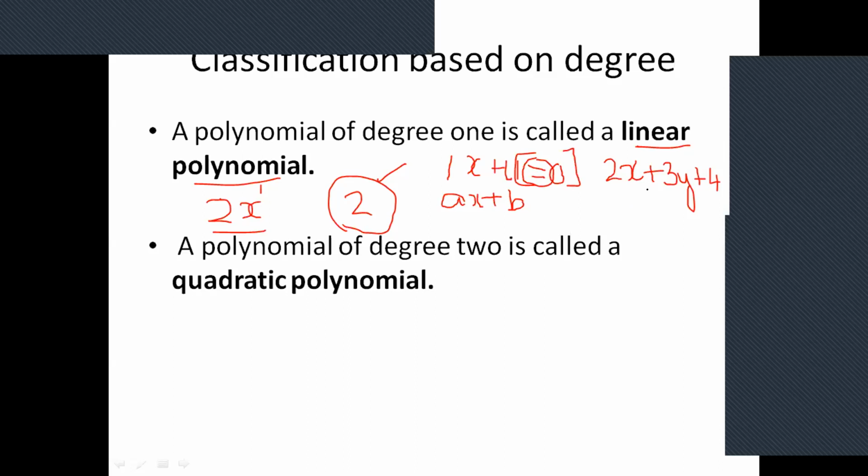Next, we'll move on to when we have a linear polynomial in two variables. Then it will be ax, and since we have two variables, we'll have by, and then we have c. Yes, exactly correct. It is ax plus by plus c.